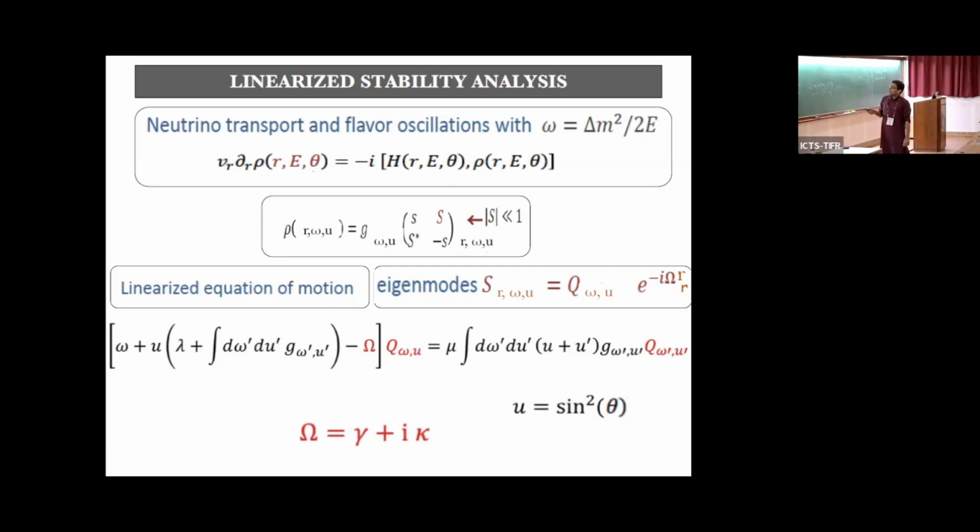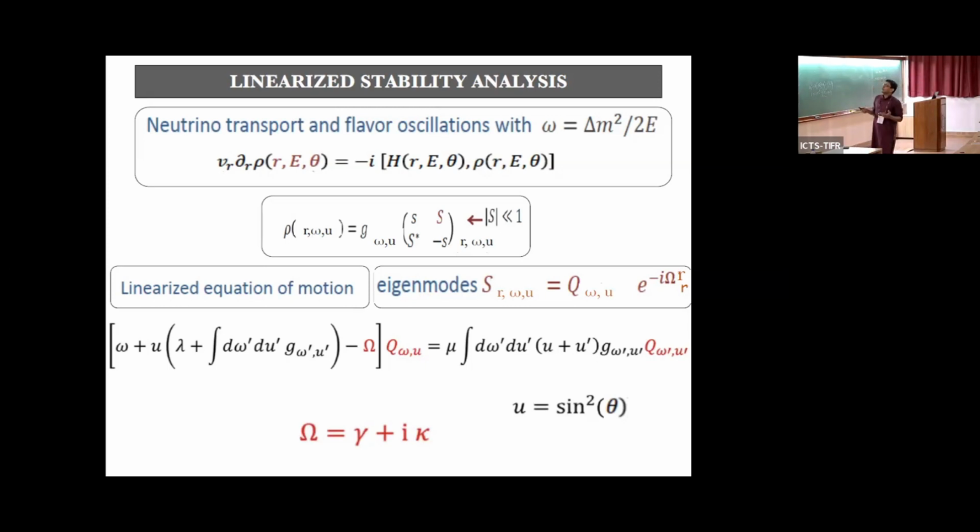Here I am writing the off diagonal elements in terms of this Q, and I am going to see if this off diagonal element starts with this small value Q, but then increases or grows exponentially in R or in time.